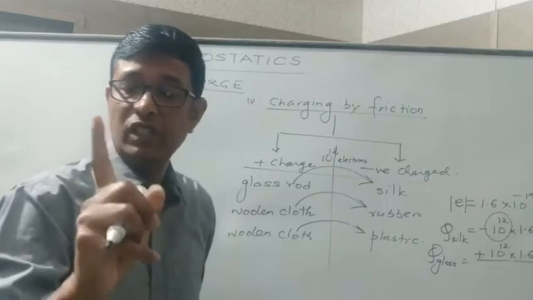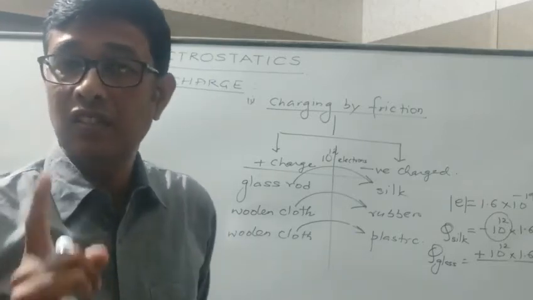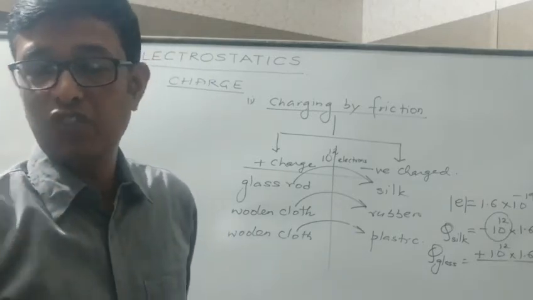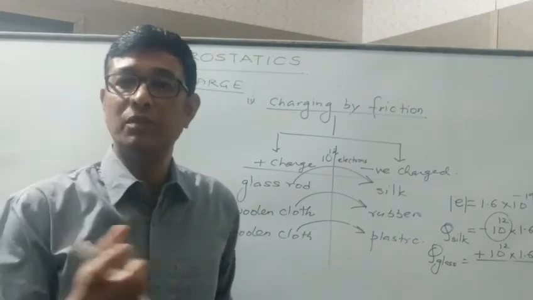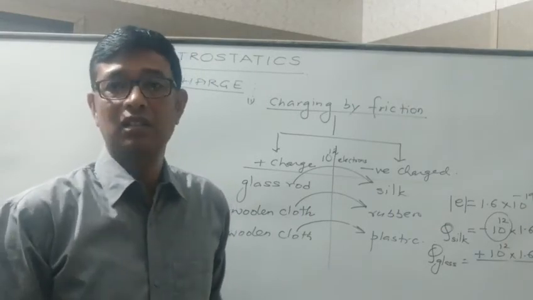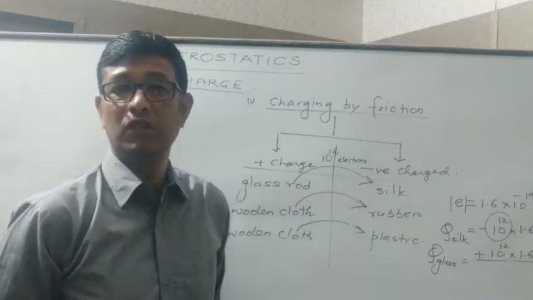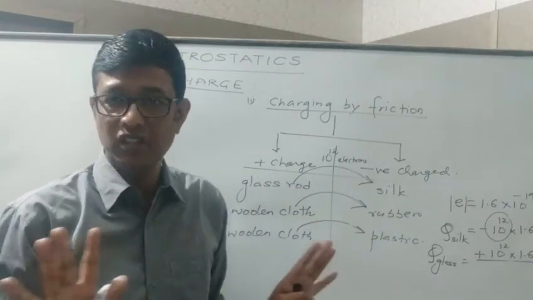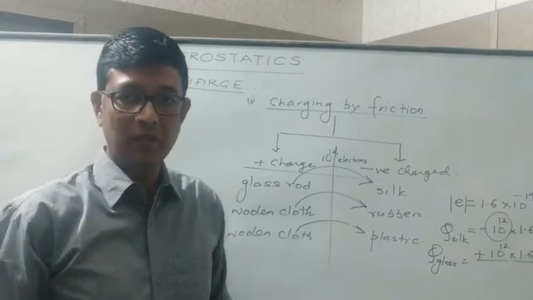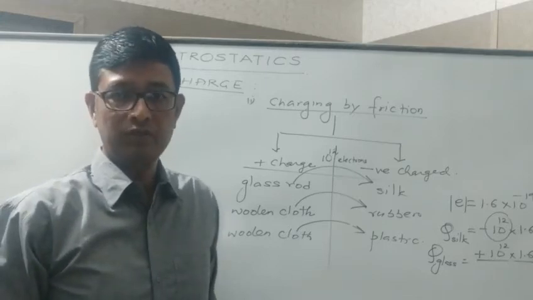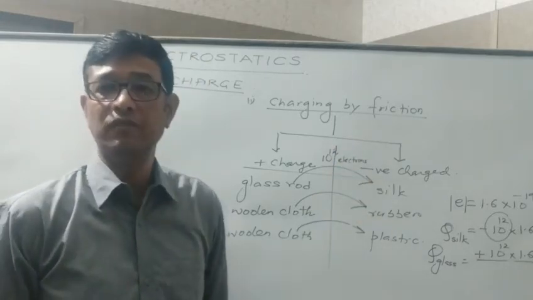So again, a very, very important conclusion. Charge is conserved. Charge can neither be created nor destroyed, but it can be transferred from one body to another body. But charge is always conserved. So that's charging by friction.